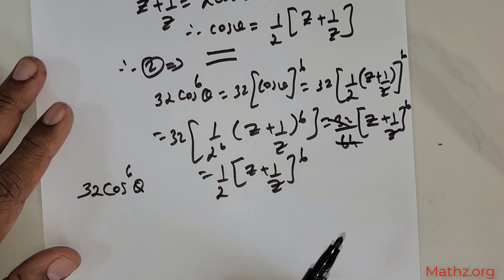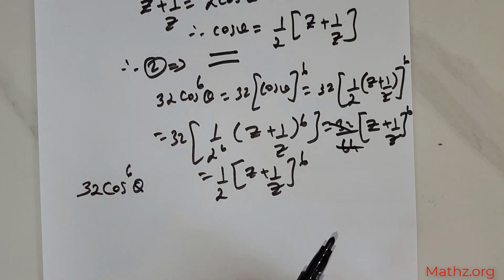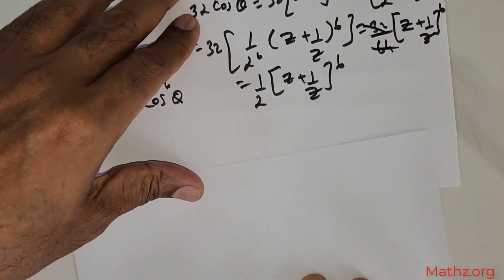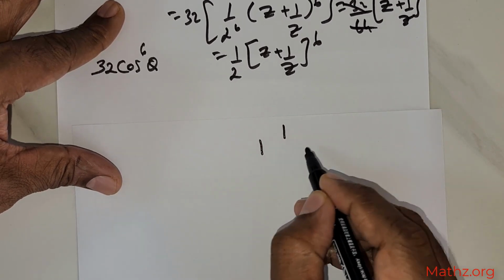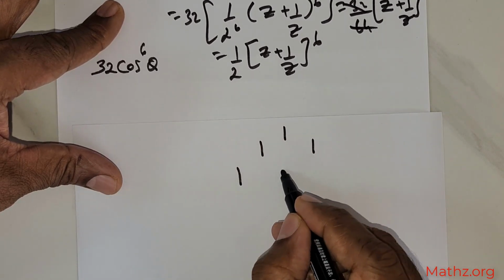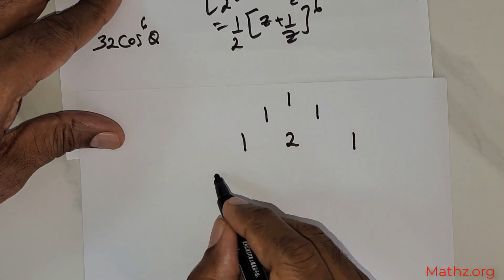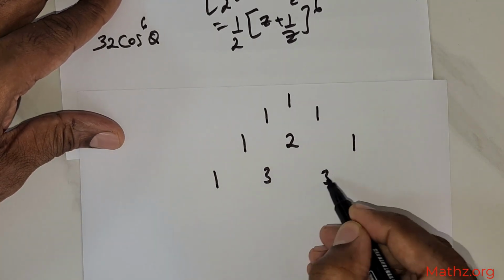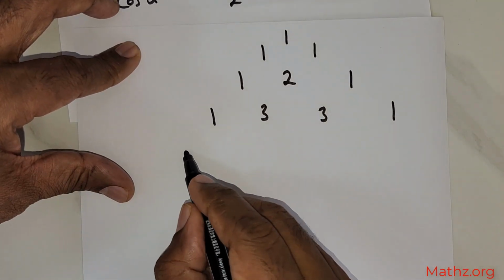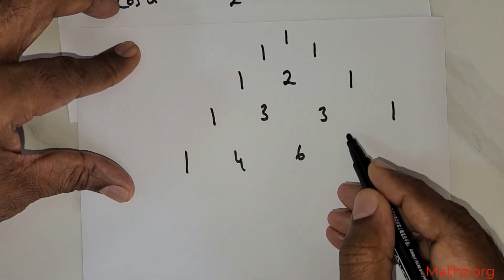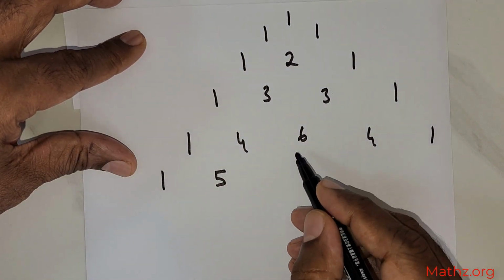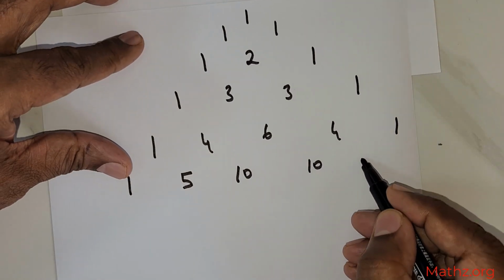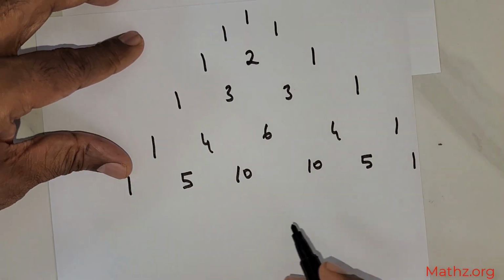Now I need to expand this, right? So let me show you the expansion. To expand this, I would be utilizing Pascal's triangle. So it starts with 1, then 1 and 1, and then 1, 2 and 1, and then 1, 3, 3 and 1, and then 1, 4, 6, 4 and 1, and then 1, 5, 10, 10, 5 and 1.